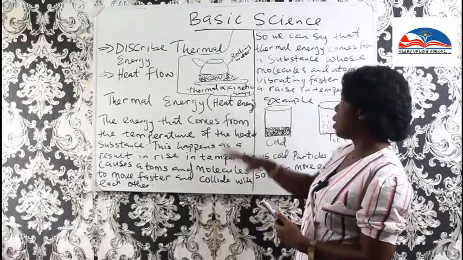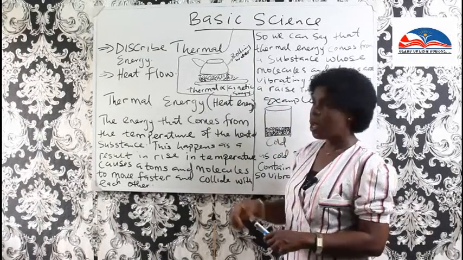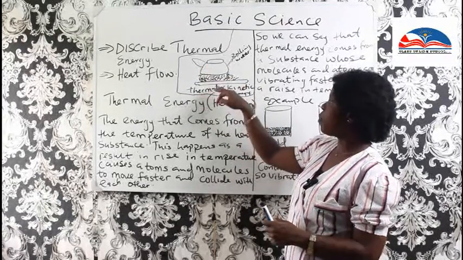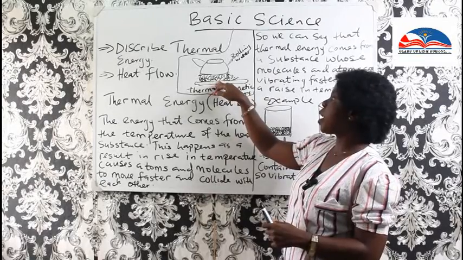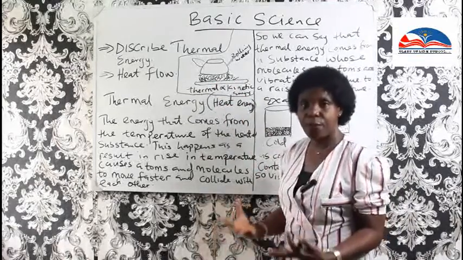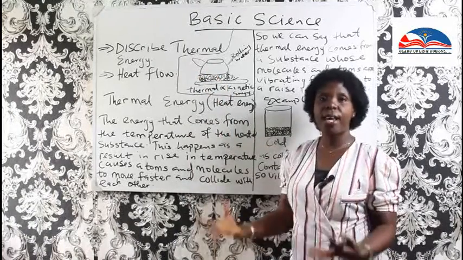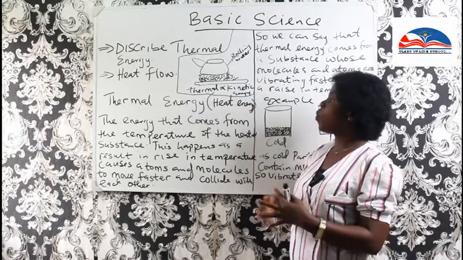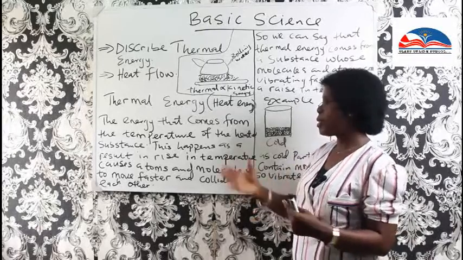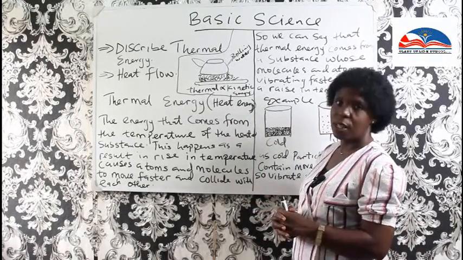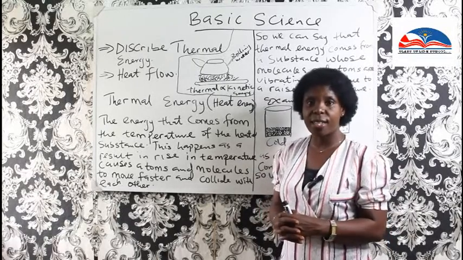Now, let me use this illustration here. I have a kettle that has water in it. I have a stove that has fire on it. If I set fire under this kettle, it gets heated up. Now the boiling water here has thermal energy and kinetic energy.